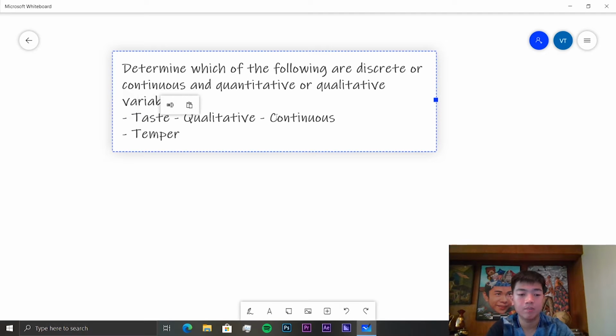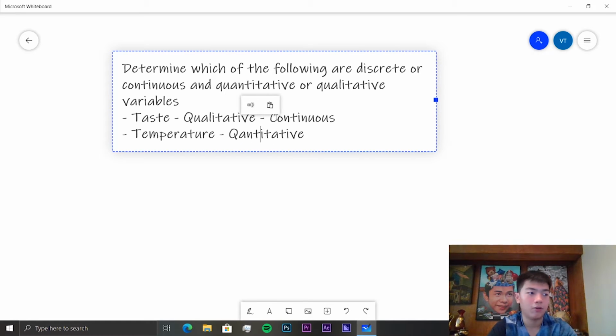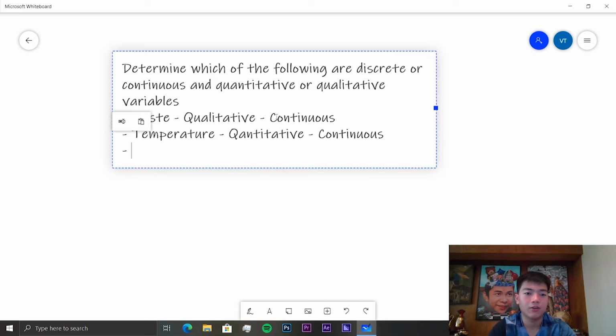Next, we have temperature, which is quantitative, unless you want to just describe it as hot or cold. And it's a continuous variable, because yes, you can measure it to the nearest degree, but it's still continuous overall.